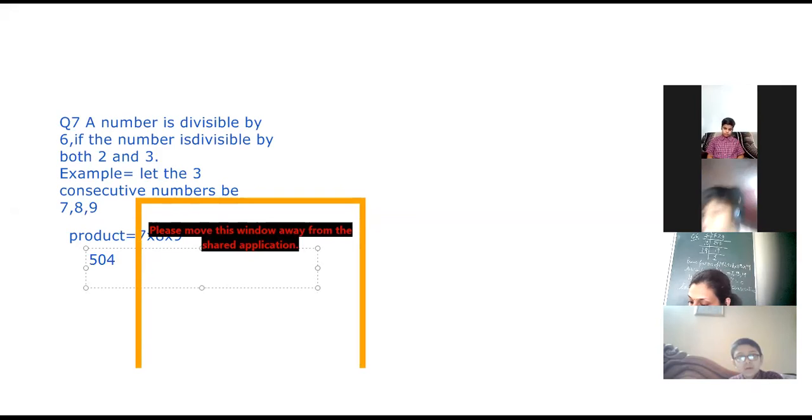Now we are going to find the unit digit of the number. The unit digit of the number will be 4.